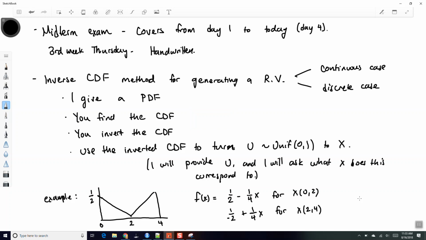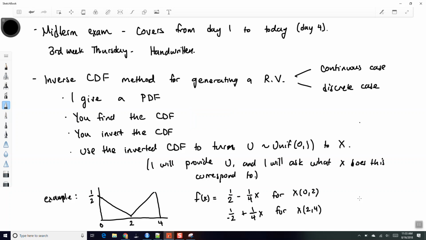When you invert the CDF for a discrete thing, you end up having to make a piecewise table, right? It's hard to write a mathematical function for that. I guess you can do floor math, but just make a simple table. That's fine.